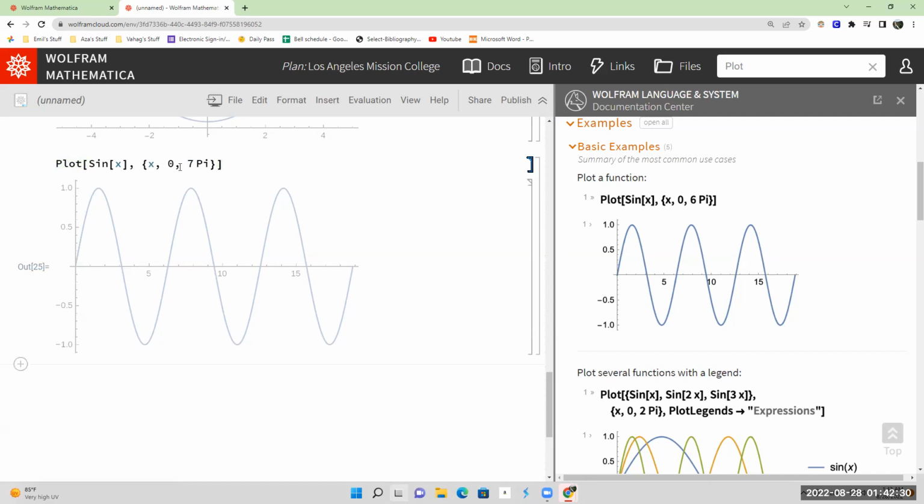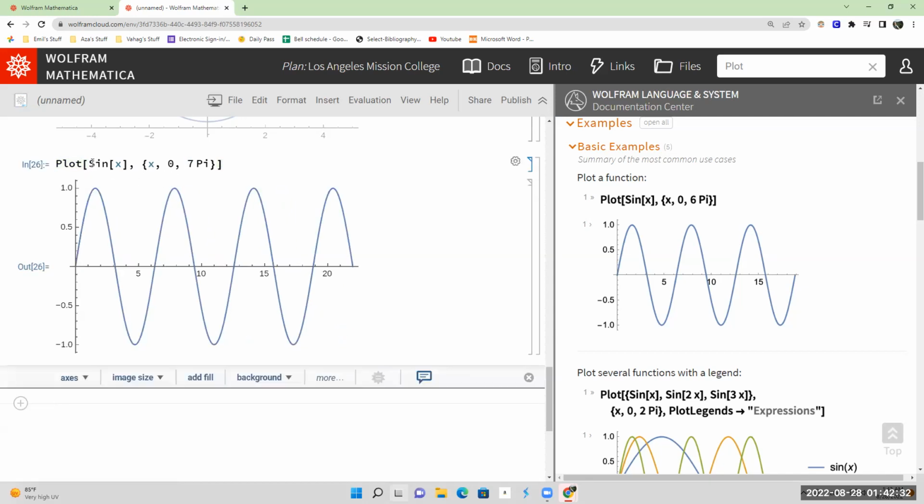Notice the sine function, very important, is capitalized with an S. If you put a lowercase s, Mathematica will think that that is a variable. So all lowercase things, expressions, words, letters are considered variables for Mathematica.